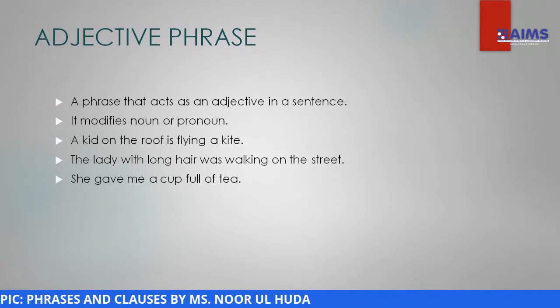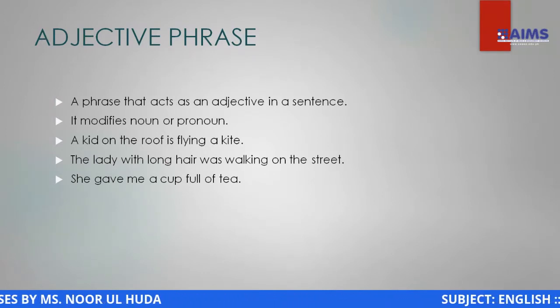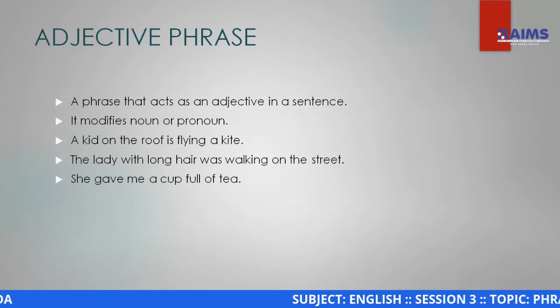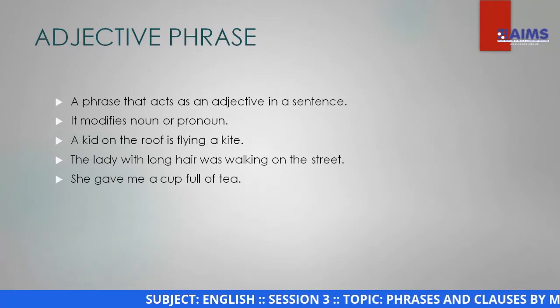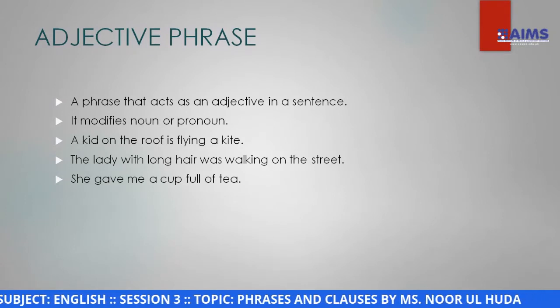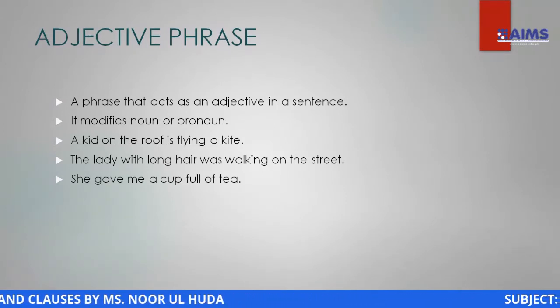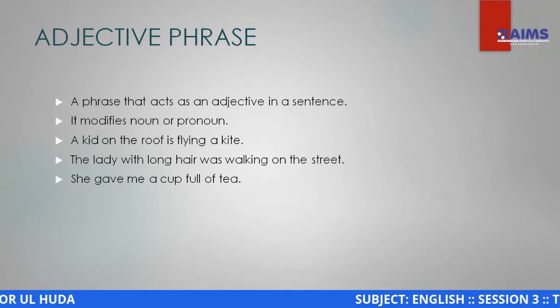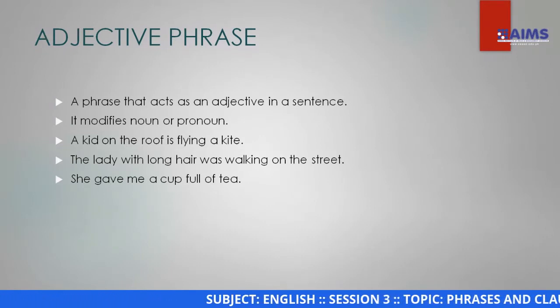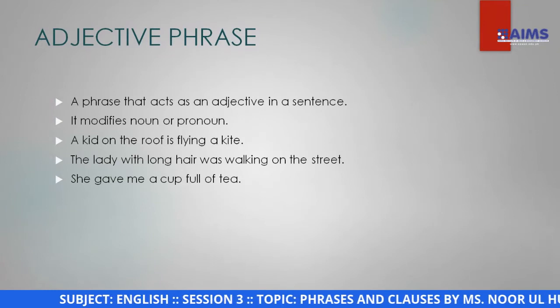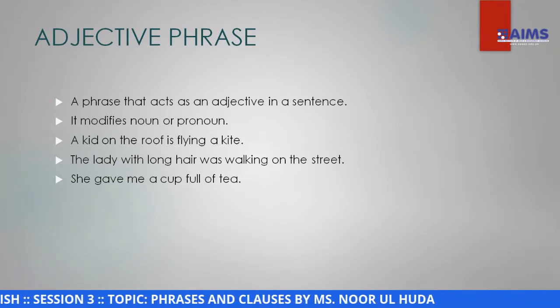That is why I told you that it is somehow merged with the noun phrase and the prepositional phrase as well. But when we focus on "on the roof," it is not telling us how the flying is done or how the kite is, but it tells us about a kid. A kid is a noun; "on the roof" is modifying a kid.